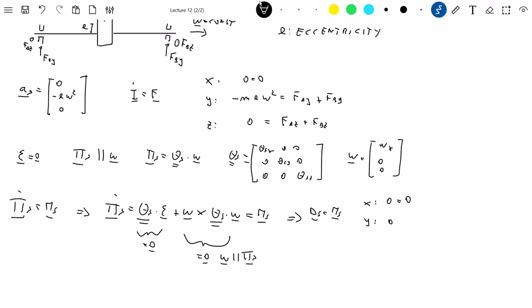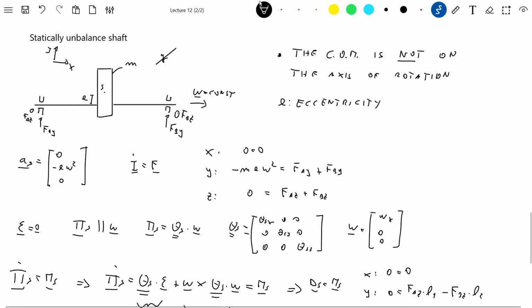So here this is equal to F_AZ times L1 minus F_BZ times L2. Sorry, I forgot to call this L1 and this L2, okay?